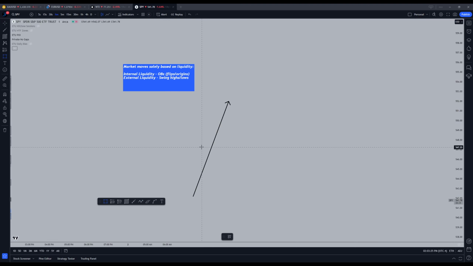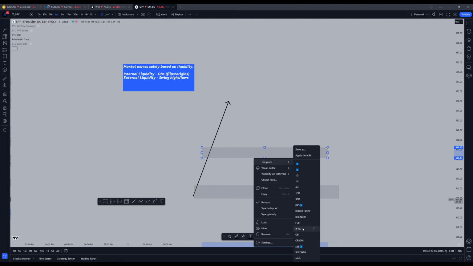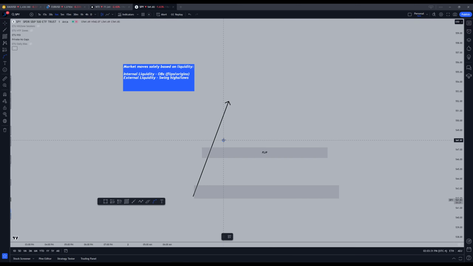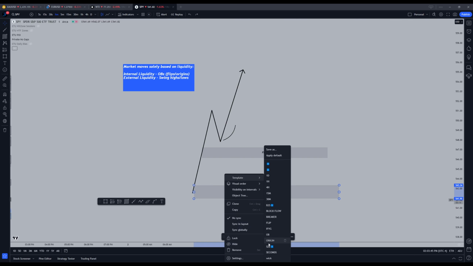There's going to be people having orders at the flips, origins, and inducement. So if I can draw this out here, we have inducement here. There's going to be people having orders at all of these levels. This is inducement, flip, and then the origin.